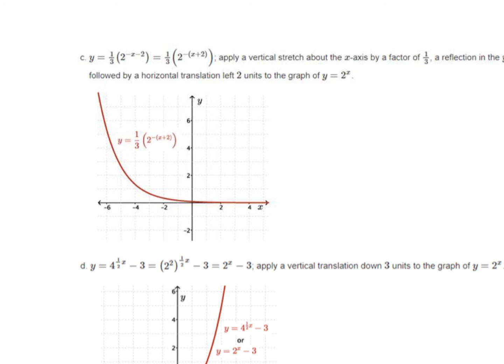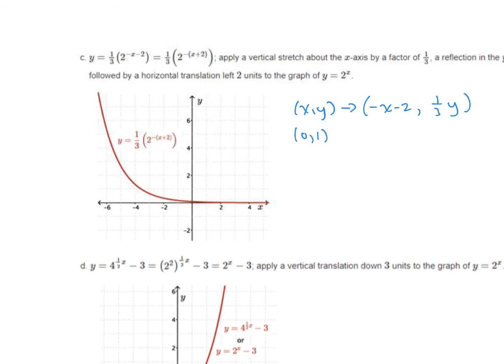That might not be so clear, so let's do mapping notation. So horizontally, we are applying the negative to the x, and we are going left 2. So we're going to subtract 2, and then the y will be a third.